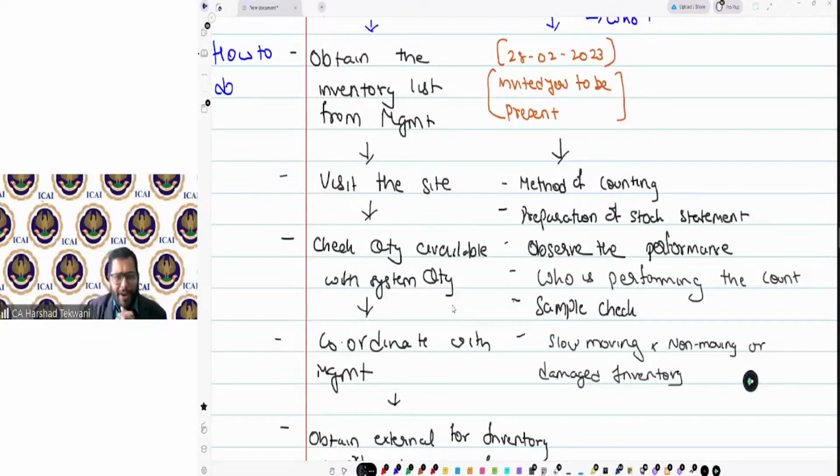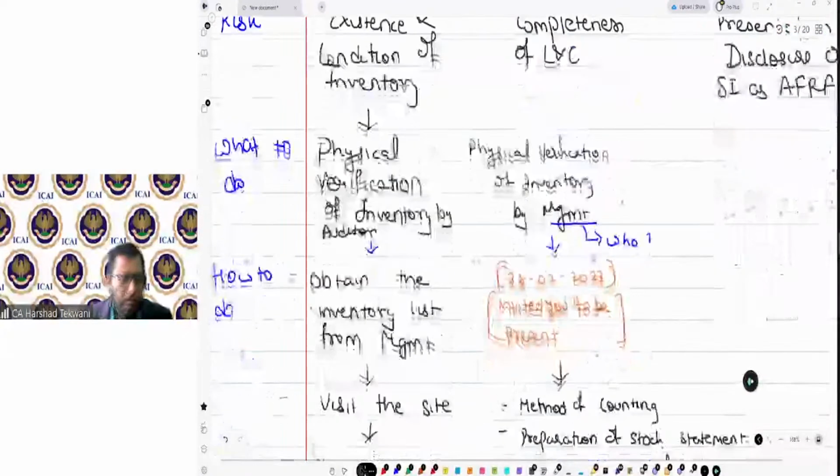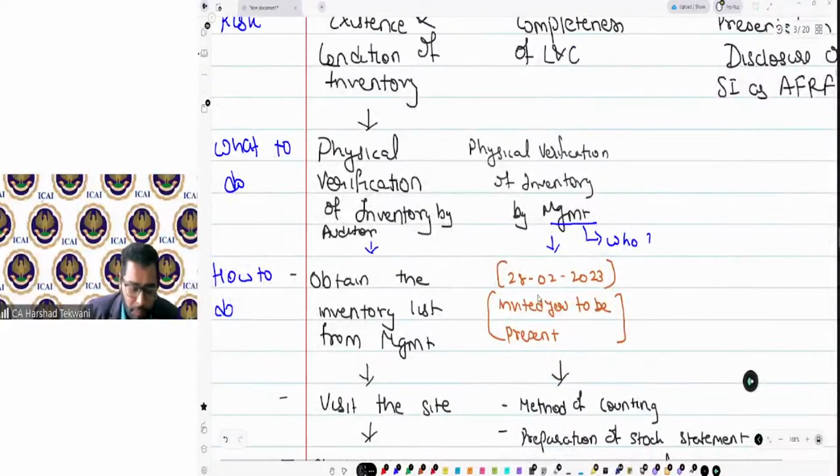Let's say, for example, the question was who is performing the count, correct?